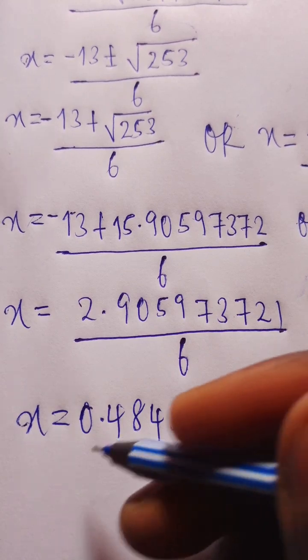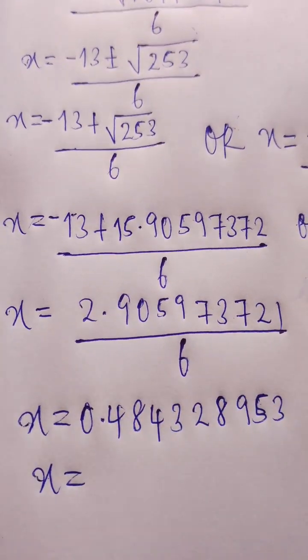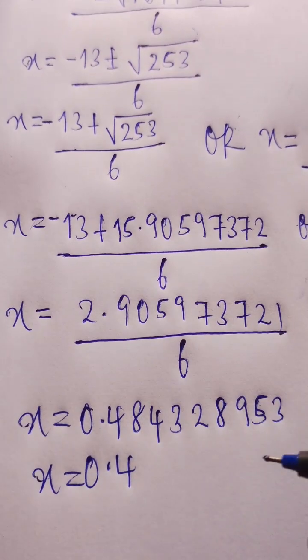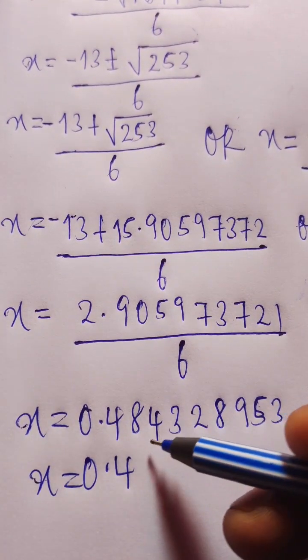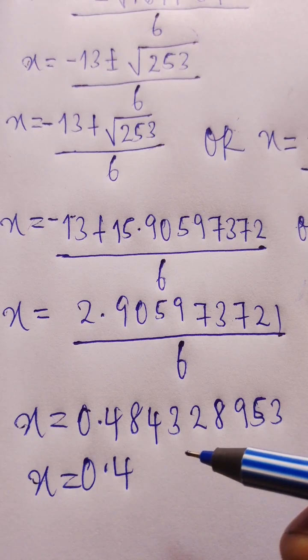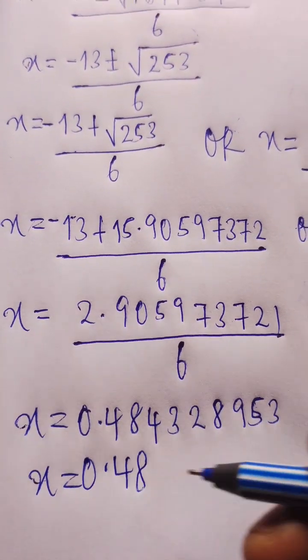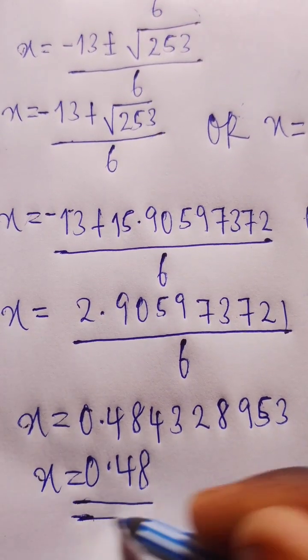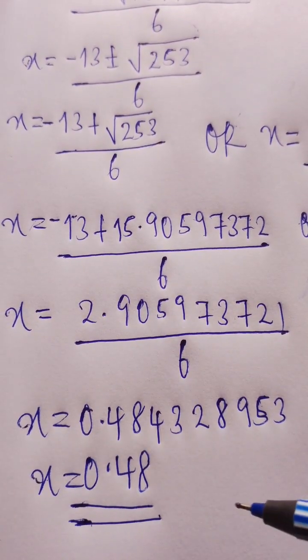So we're going to say the first solution will be 0.4. We'll look at the preceding number after 8. It is 4. 4 is less than 5. Since it is less than 5, the number will just remain as 0.48, and that will be the first solution.